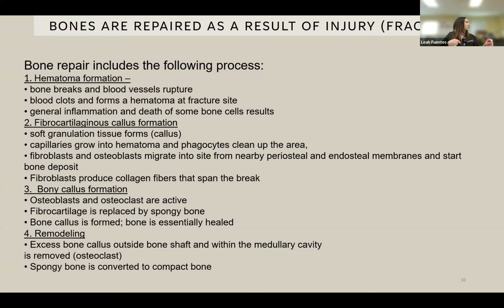So after the hematoma, we then have fibrocartilaginous callus formation. So a callus will form. Then a capillary will grow into the hematoma and phagocytes clean up the area.